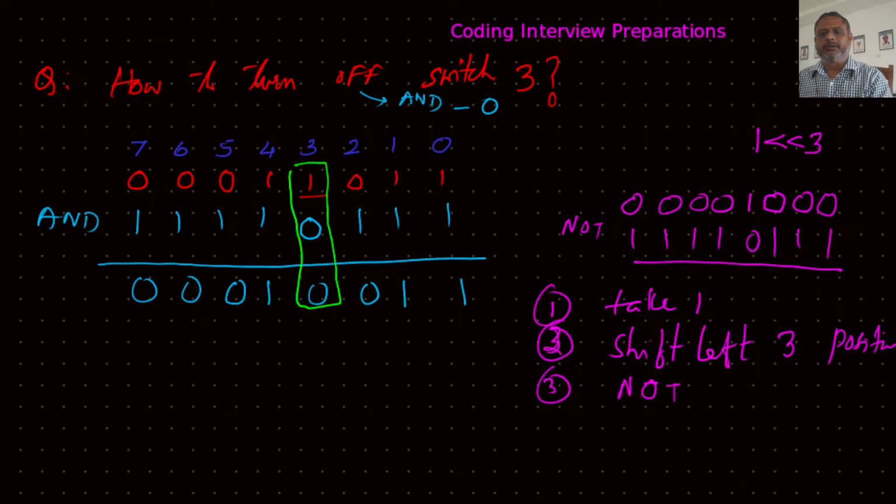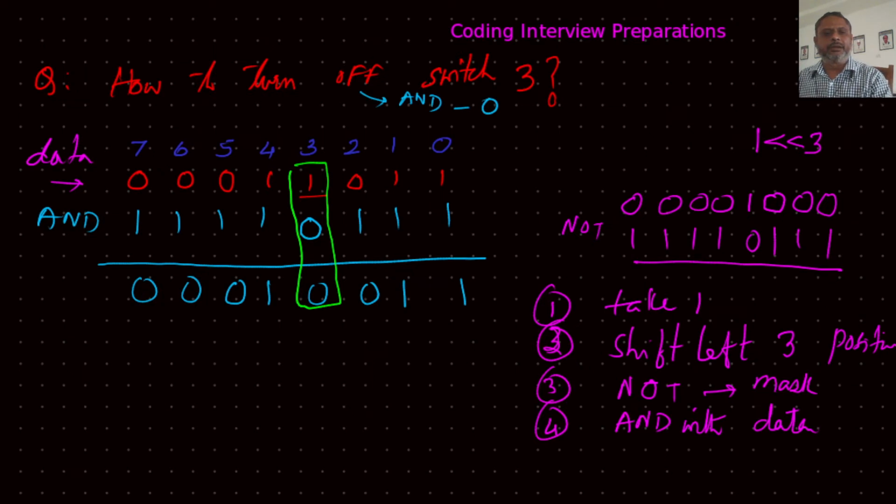So apply NOT and then use that to AND with your data. So that was our data. So this data is ANDed with our mask. So after NOT, we get a mask which we use to AND. So that is for the third bit.